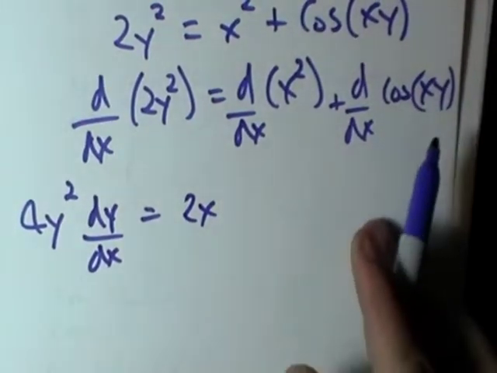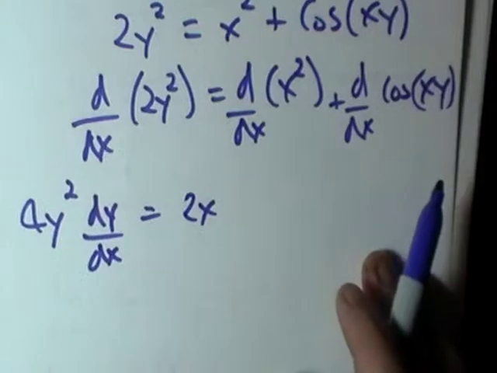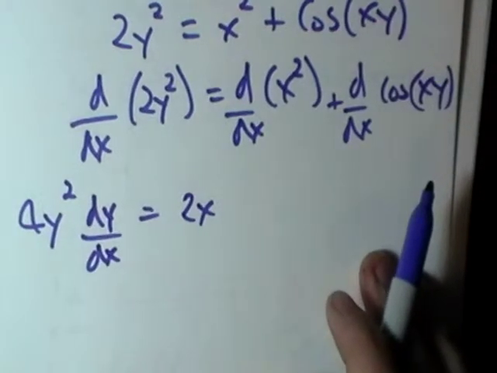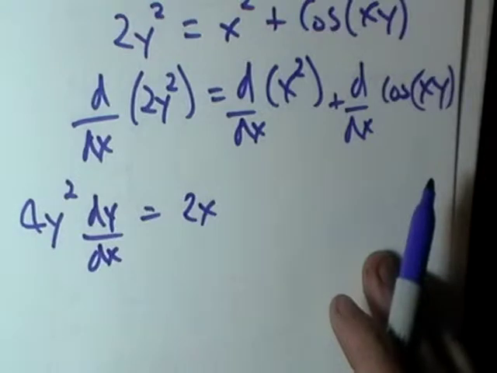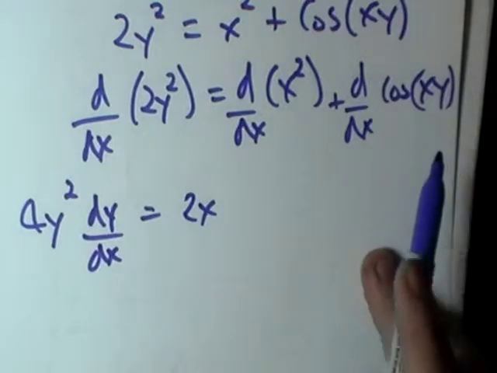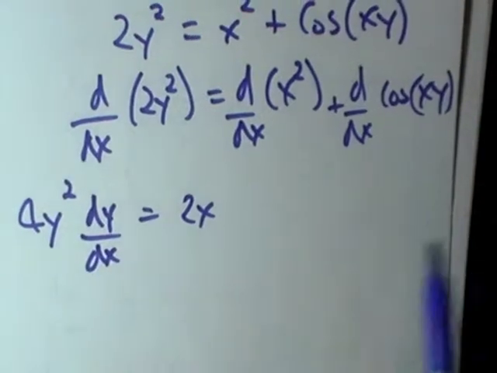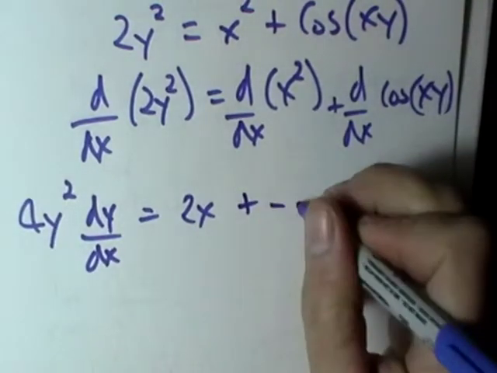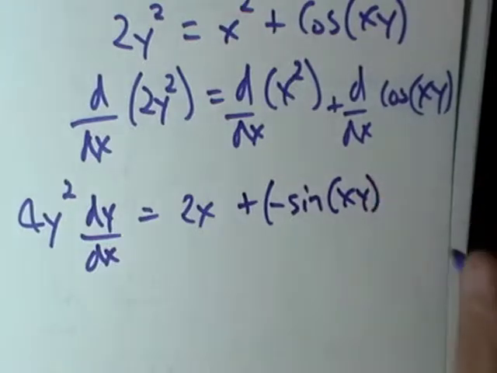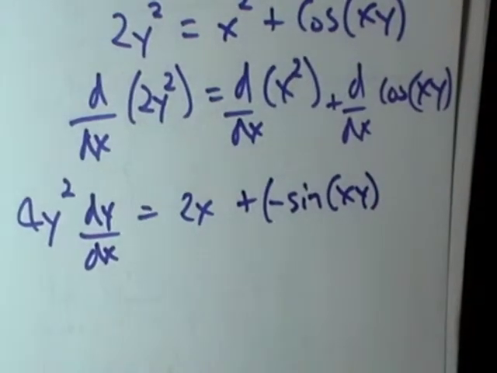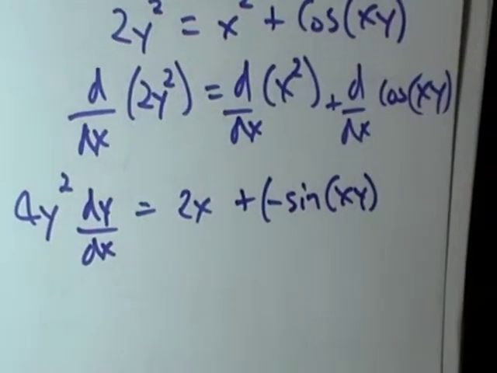Derivative of cosine xy, this is going to be the trickier one. So that's going to be equal to negative sine xy times the derivative of inside. So let's just go ahead and we'll go negative sine xy, but it's also going to be multiplied by what's on the inside, and that's a product.